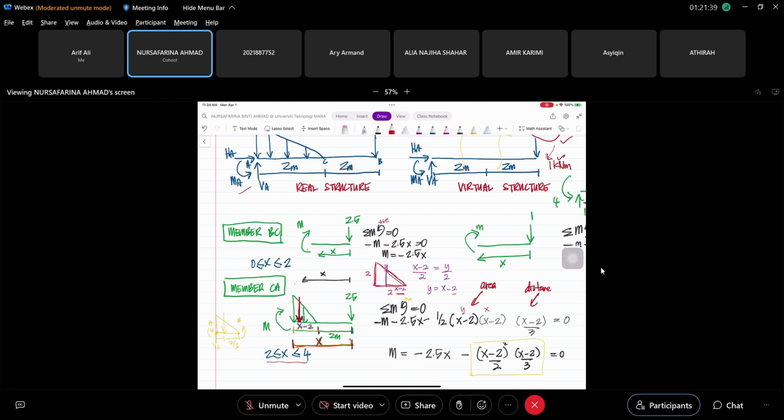And then the distance is 2/3 because I'm taking at A. Kat sini.